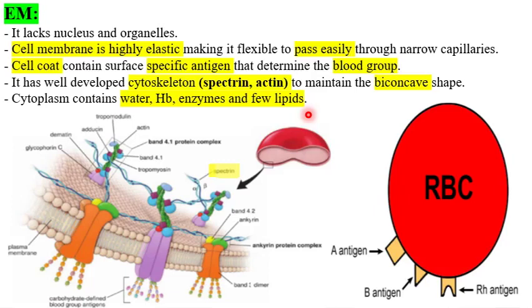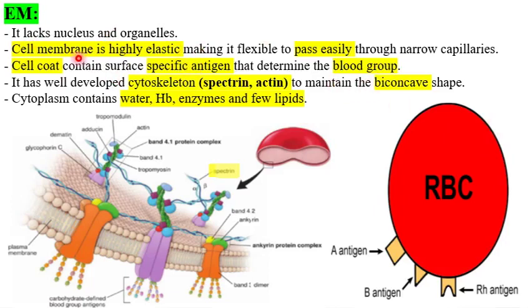Capillaries vary in size, maybe large capillary or narrow capillary. RBCs will pass through all of these pathways, so they have to be flexible in case they pass through a narrow capillary. So the cell membrane is highly elastic to make it flexible when passing through these narrow capillaries.